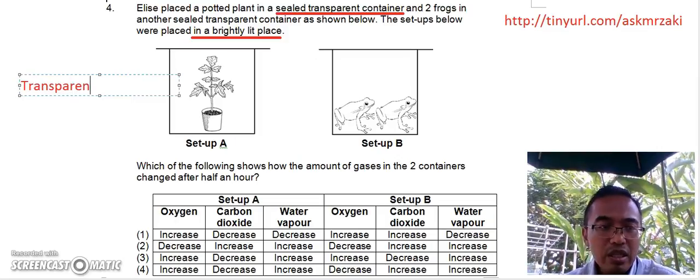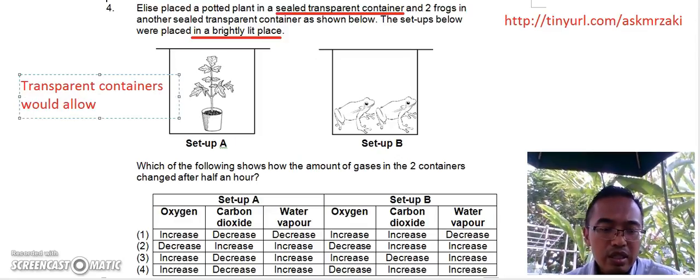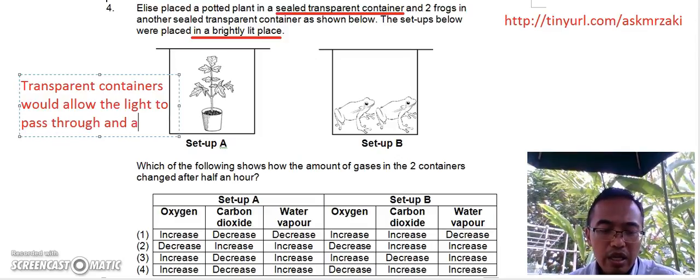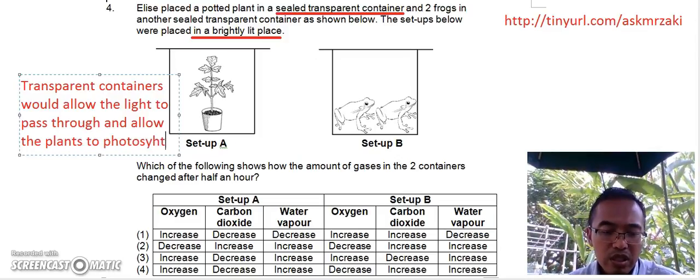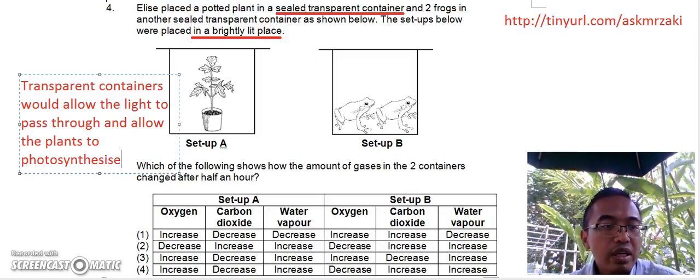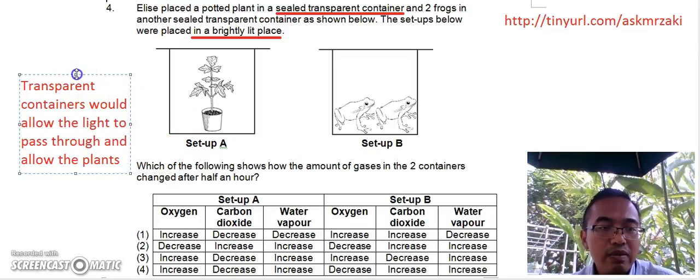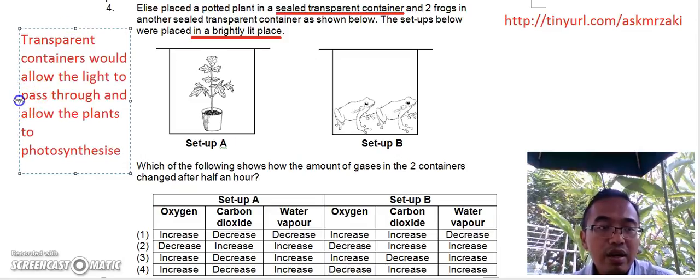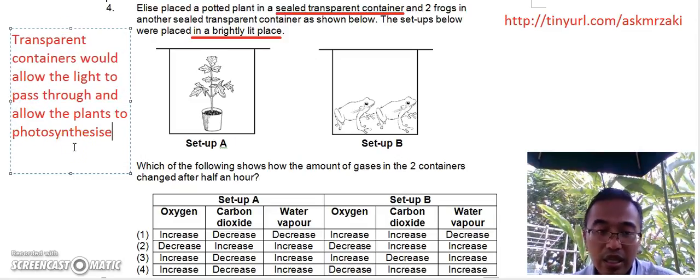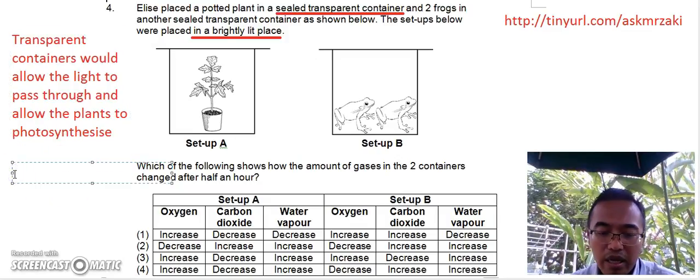So the transparent containers would allow the light to pass through and allow the plants to photosynthesize, right? And we also know that when plants photosynthesize, they give out what? They give out oxygen and they use carbon dioxide, right? So we know that plants use carbon dioxide.